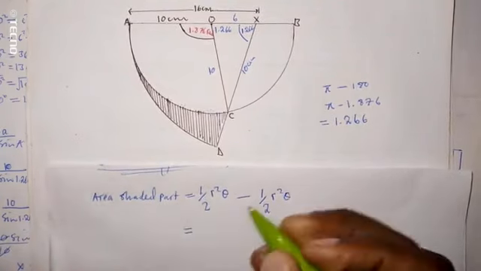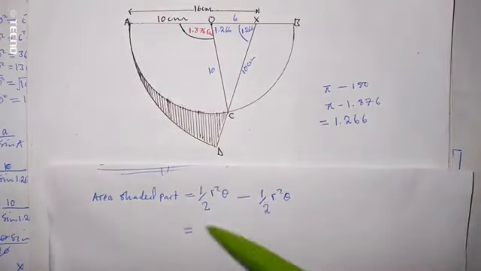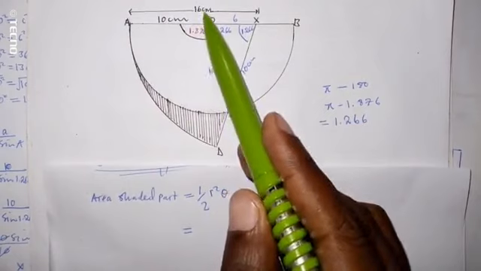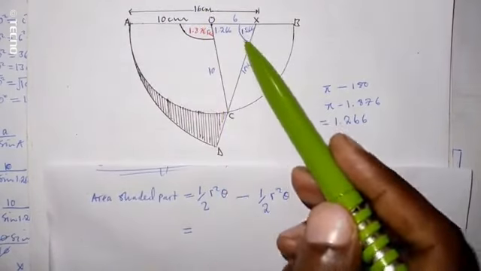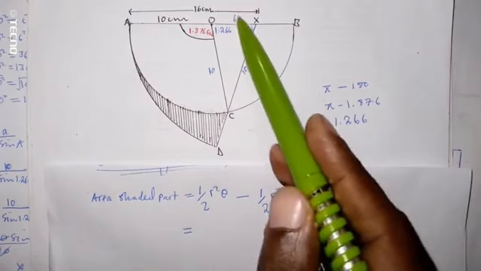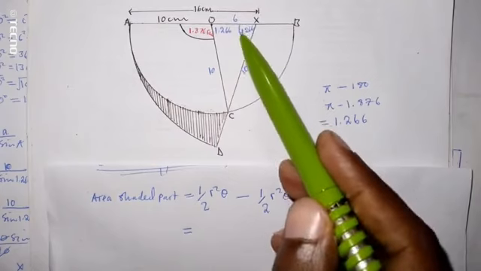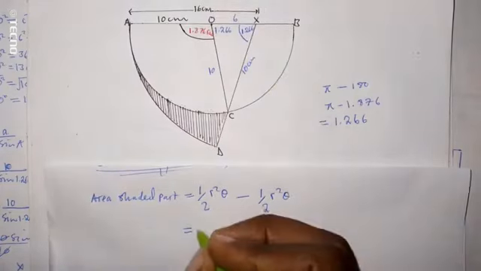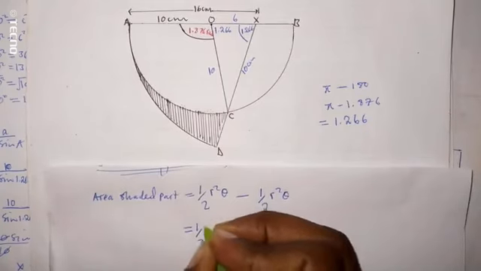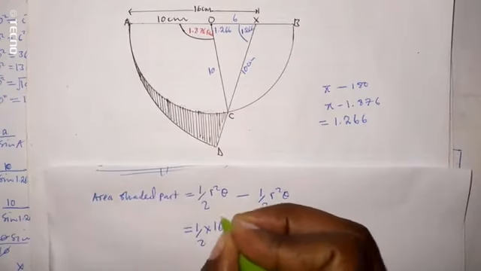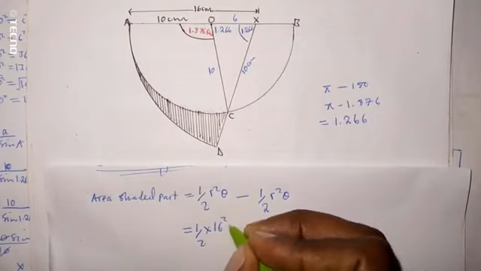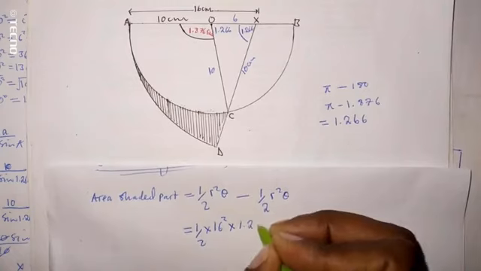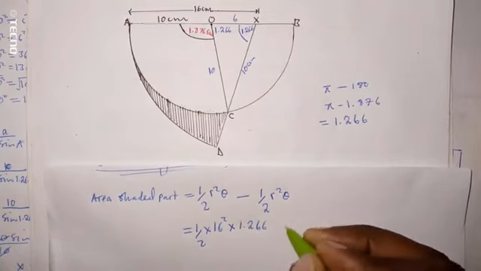The bigger one is the one with 16 radius, with the angle of 1.266. So you say half times 16 squared times 1.266.